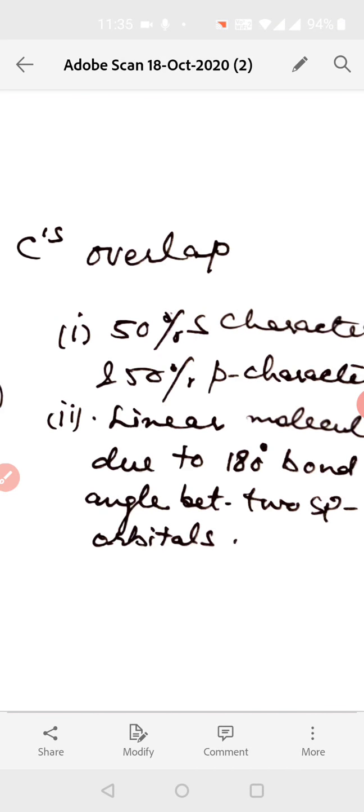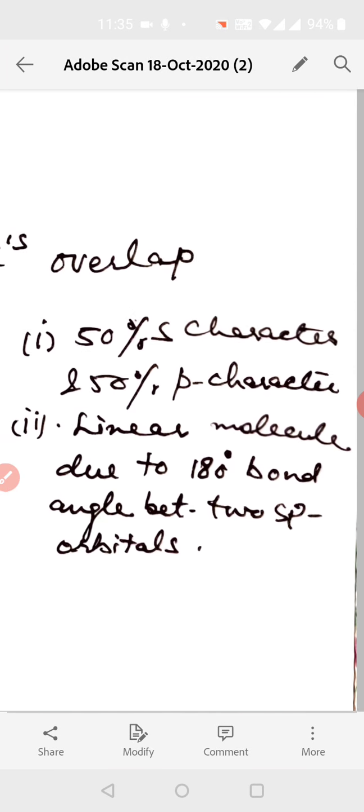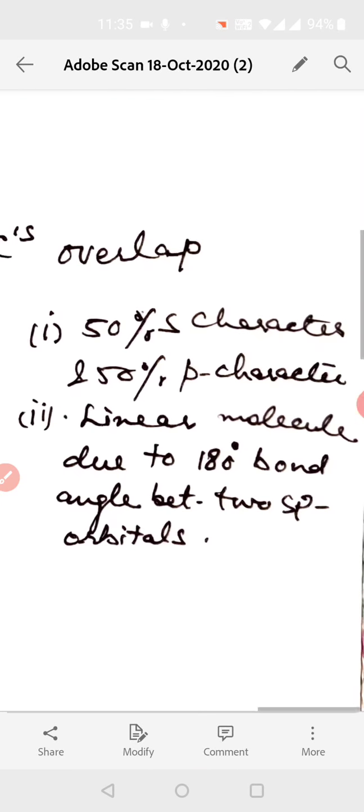Then coming to the s character, because one s orbital has combined with one p orbital, there is 50% s character. In total there are 2 orbitals, one is an s orbital, so 1/2 s character and 1/2 p character. Only one p orbital is combining. Calculating percentage, half into 100 comes out to be 50%.